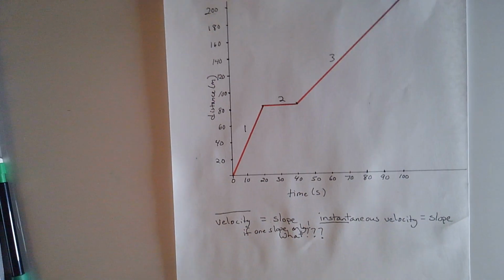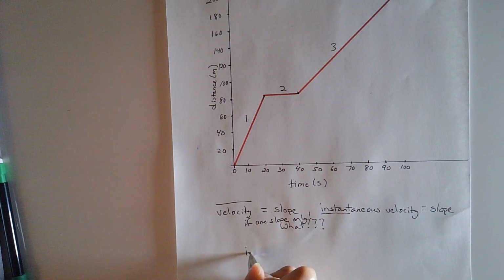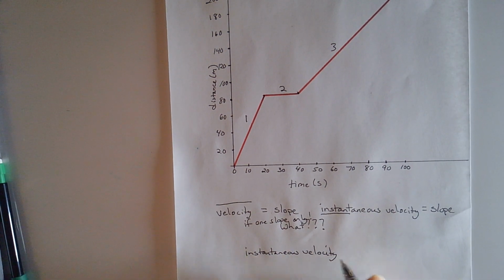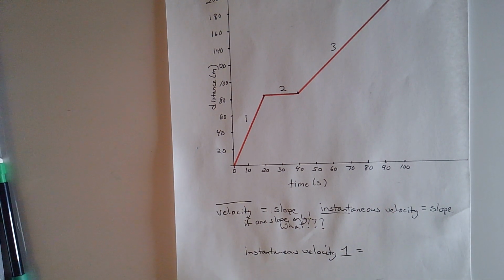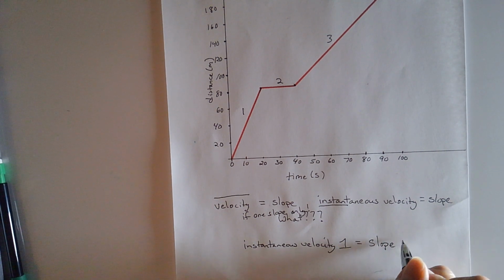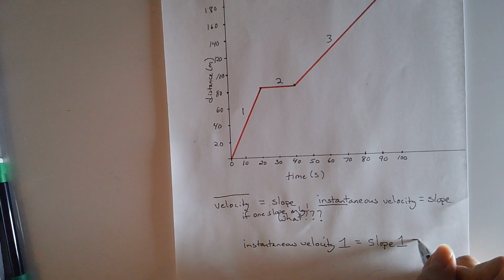Okay, so for the period of the first chunk there, instantaneous velocity for segment 1. Well, we're going to find the slope of segment 1. Okay, not anything really hard there, right?